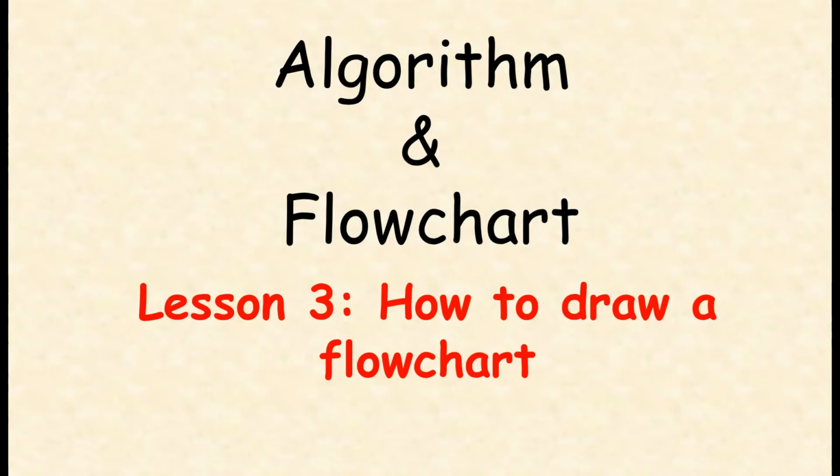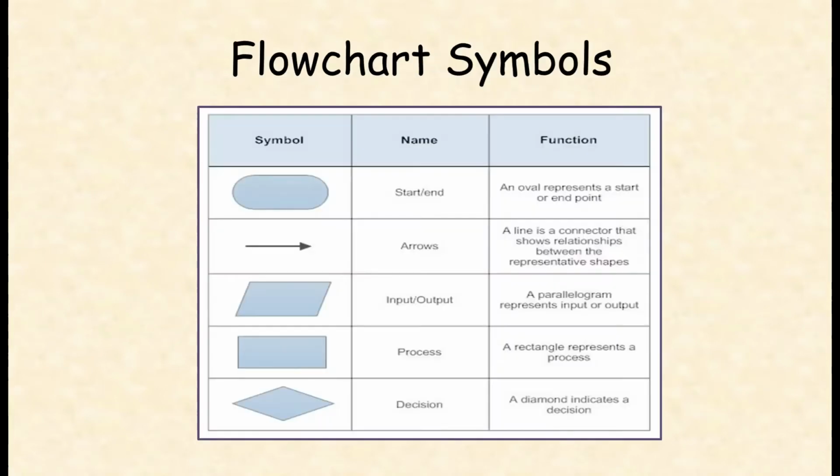Okay. Now, first of all, we are going to just revisit the symbols which you need to learn in order to draw a flowchart. Okay, this is an oval. If you want to start a flowchart, or you want to stop a flowchart, then we need this symbol.